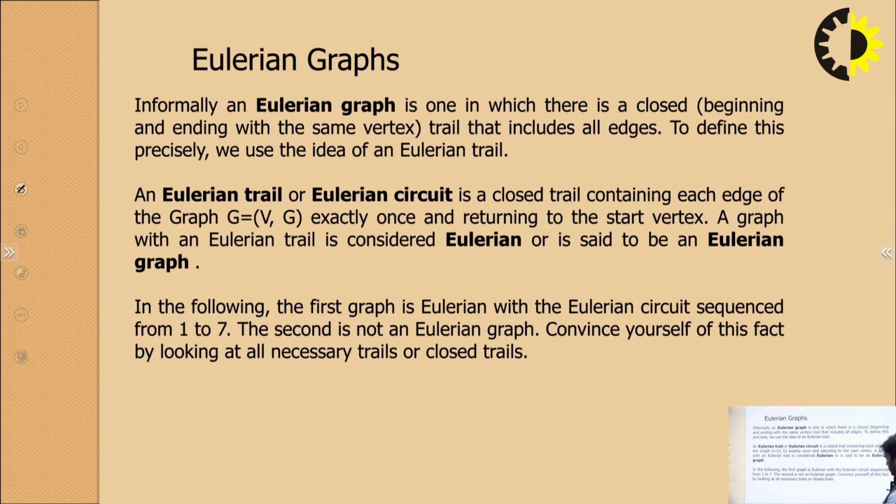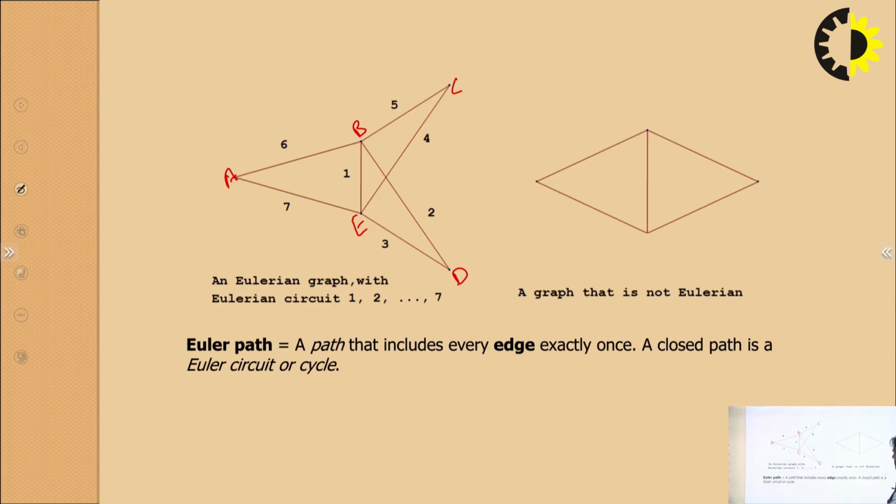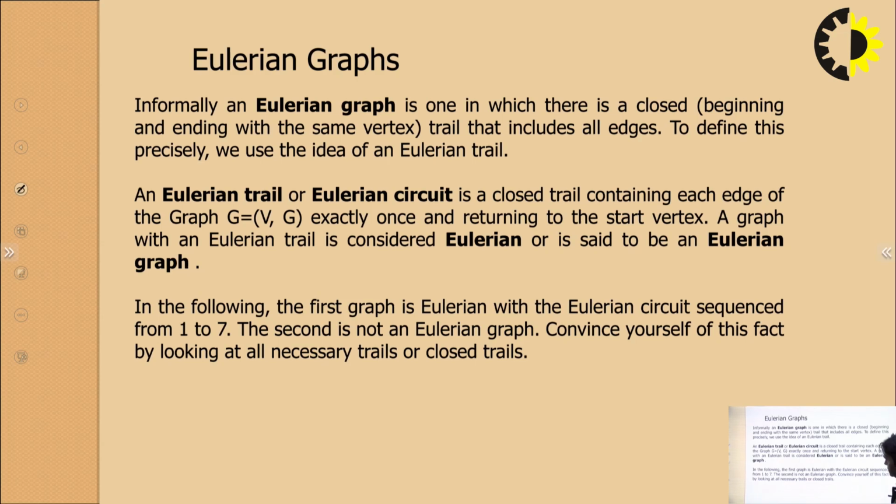In this graph, there are 7 edges and 6 vertices as shown here. The first graph is Eulerian with the Eulerian circuit sequenced from 1 to 7. The second is not an Eulerian graph.